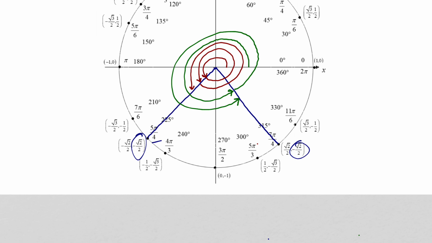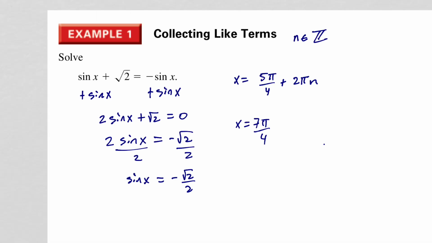So I'm going to do the same thing and say plus 2 pi n. So there's really infinitely many solutions. So we call this the general solution. It's essentially, here's the pattern to get any solutions. Okay. Try example 2.